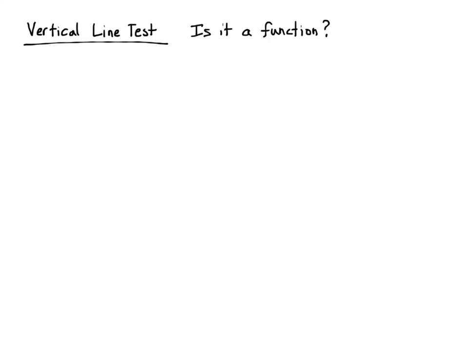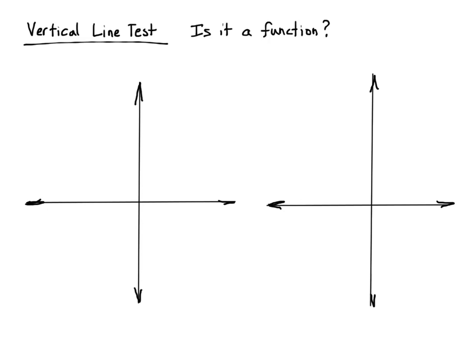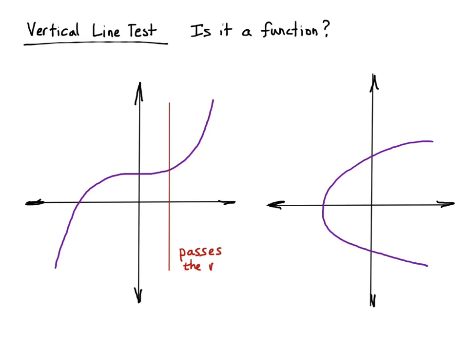Okay, so we have some ways, when we have graphs, to determine whether something is a function or not. Probably the most useful tool that we have is the vertical line test. What the vertical line test is: if you imagine a vertical line taking any value of x, it should only cross the function once, right?